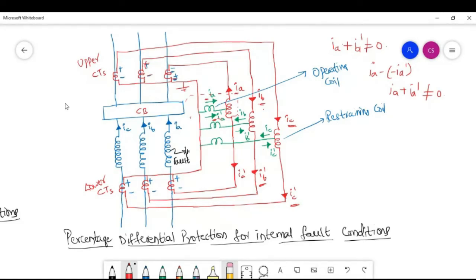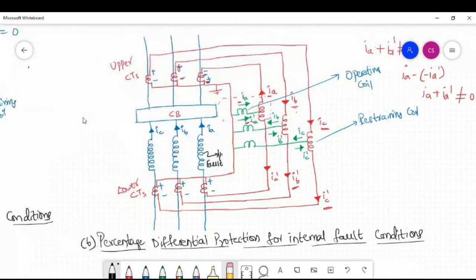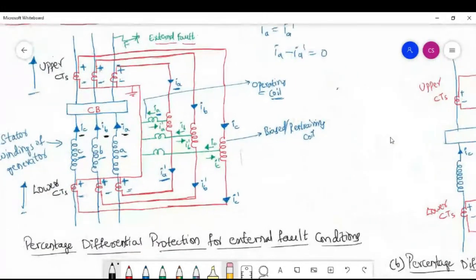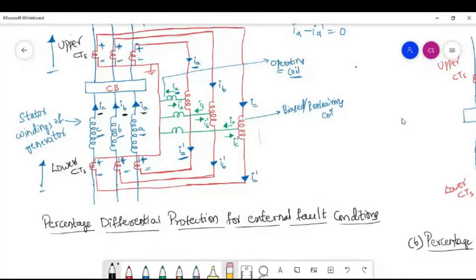You can mention this as figure B and the first one as figure A. The diagram will be the same. The only difference is where you locate the fault; the remote end CT terminal polarities will get reversed.